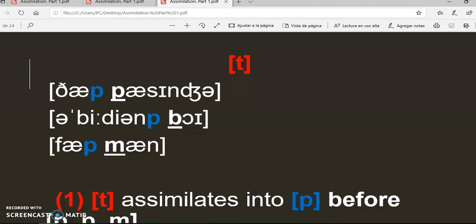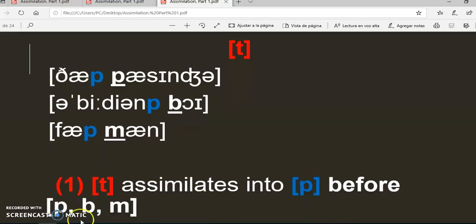If we were to transcribe exactly what we are saying, that would be the change. So in other words, what we are saying is that T assimilates into P, that is, it changes into P when it comes before a word that starts with P, with B, or with M.